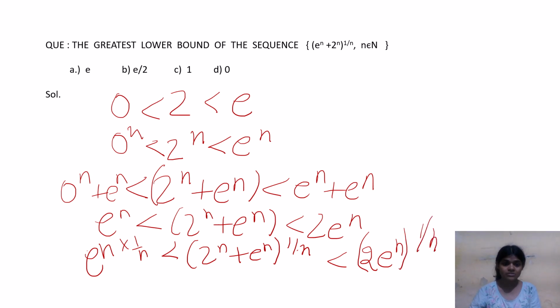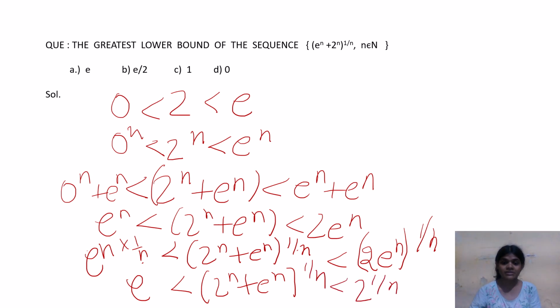We will get e less than or equal to (2^n plus e^n) to the power 1 by n less than or equal to 2^(1/n) e. Here we found that greatest lower bound, I mean infimum, is e. Therefore, correct answer is option A. Option A is correct.